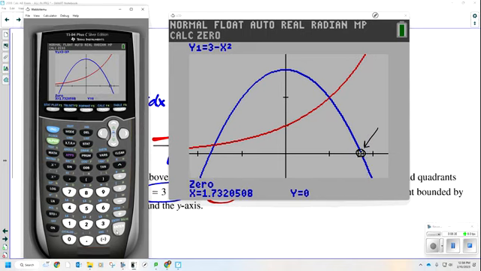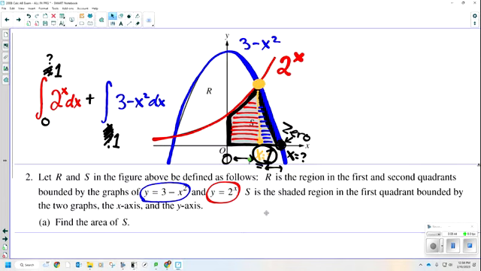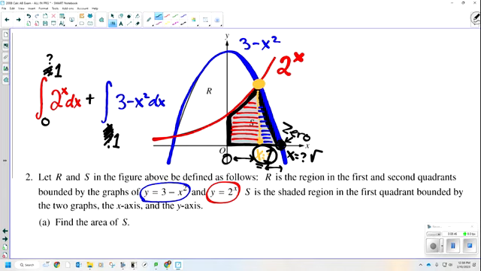In case you did not know, at the bottom left it says x equals 1.7320508. That's the same thing as the square root of 3. Now, if you didn't know that, you could use this whole decimal. You will be fine. But I know that is the square root of 3. So now I have my upper limit for my blue integration.